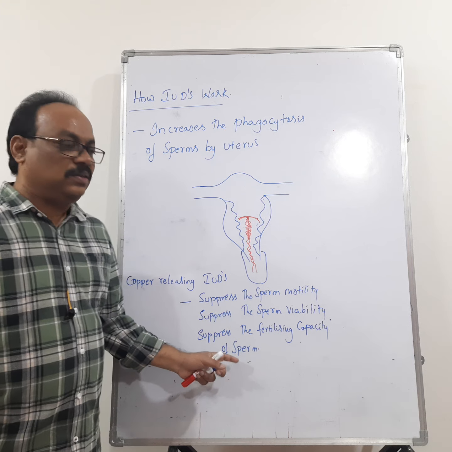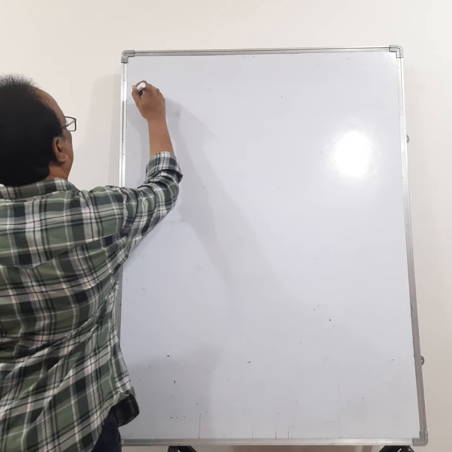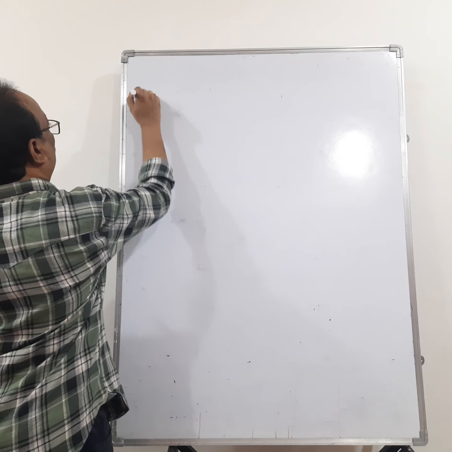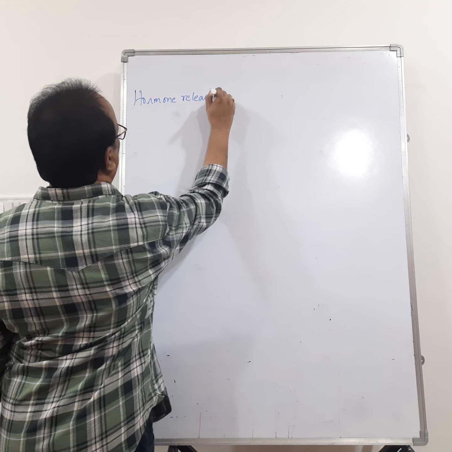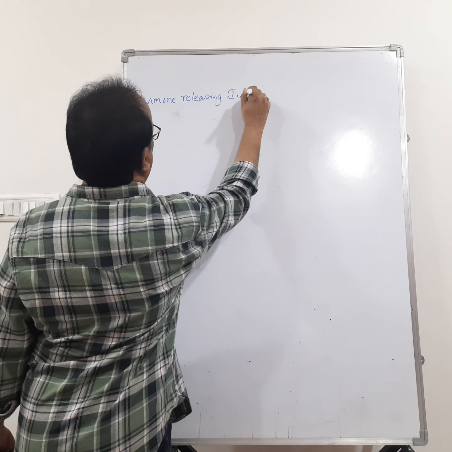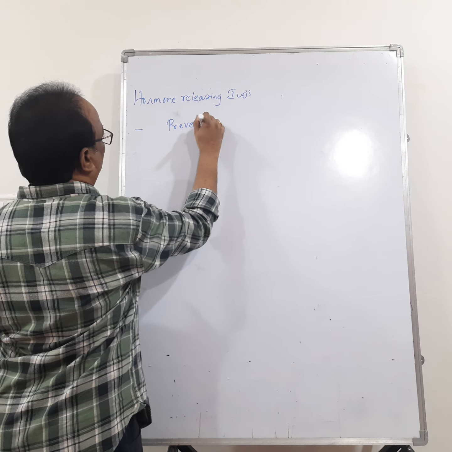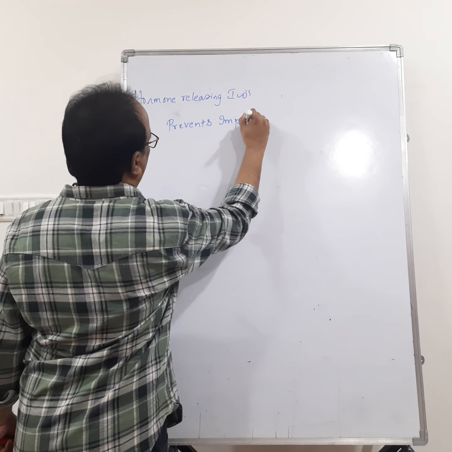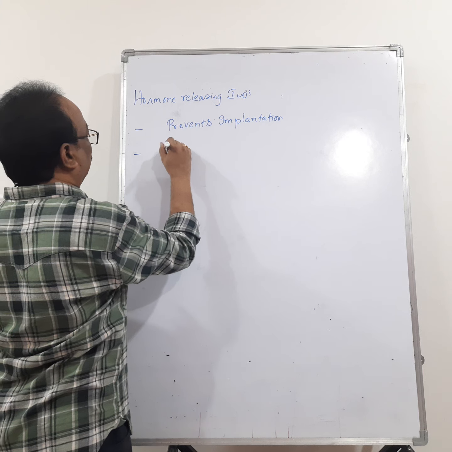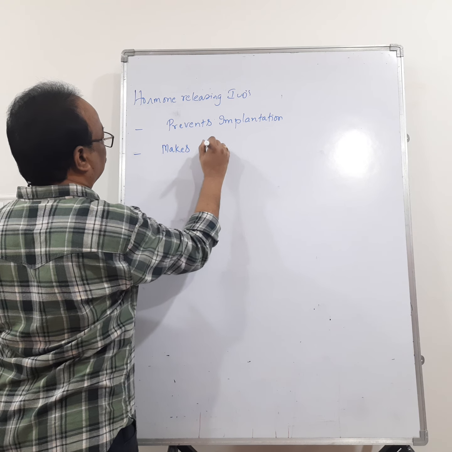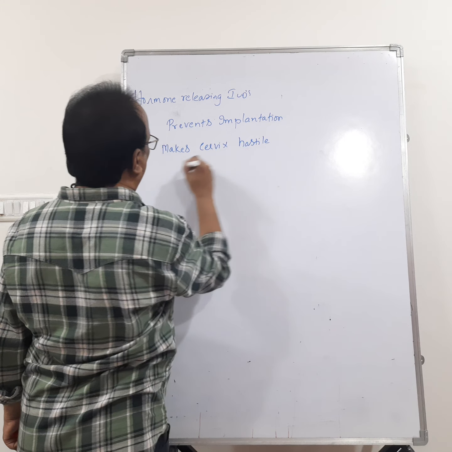Then one more IUD is there, that is the hormone releasing IUD. Hormone releasing IUDs prevent implantation and make the cervix hostile for sperms.